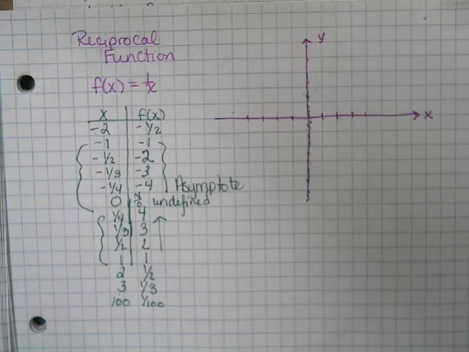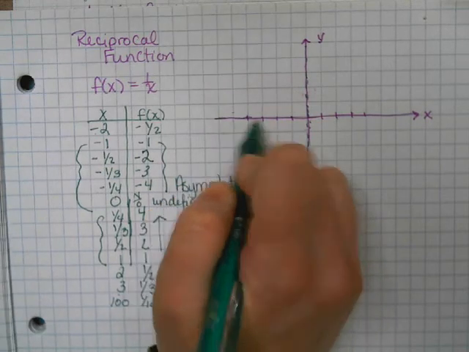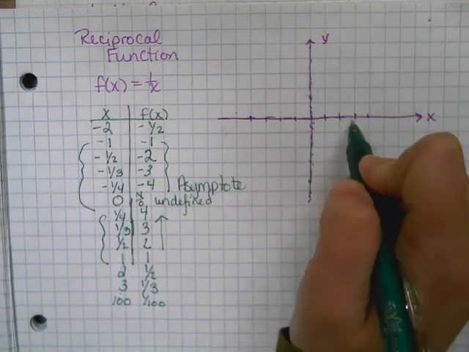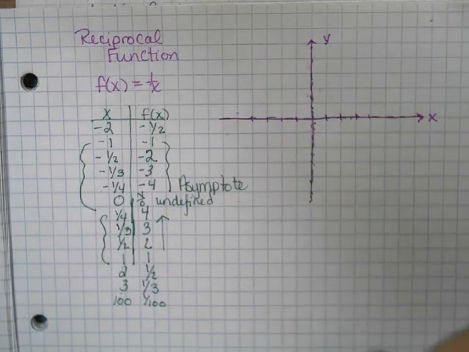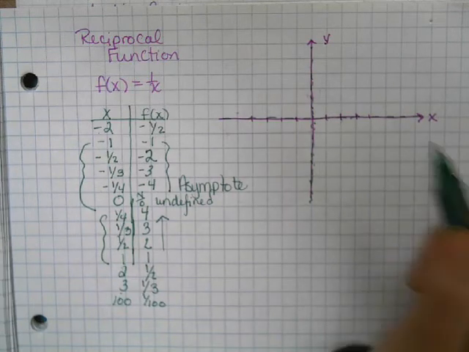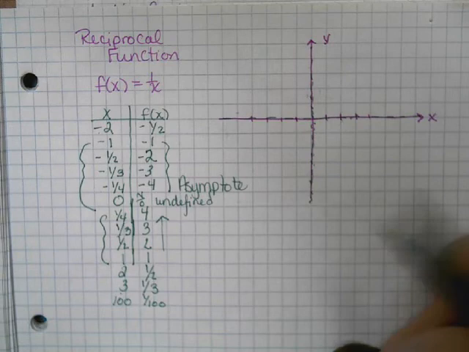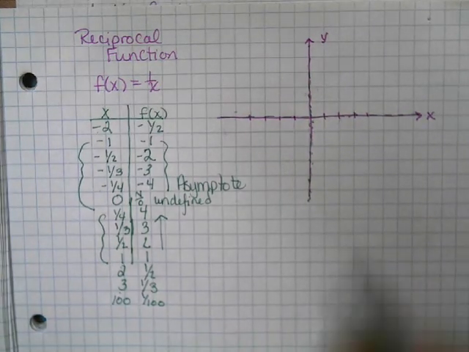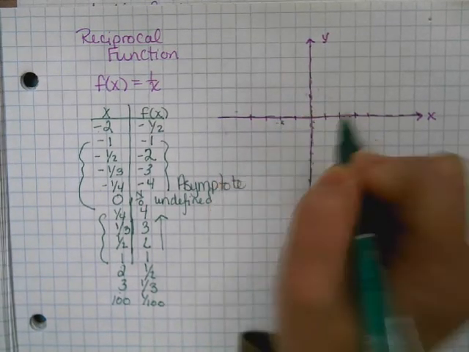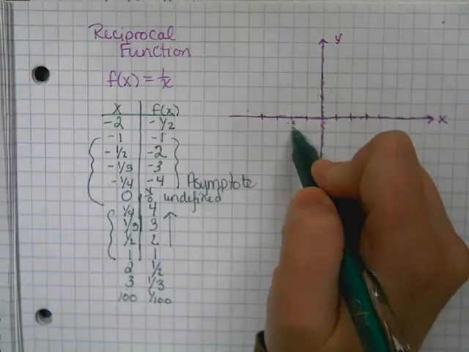That's tiny, but that's still a number. 1 over 1,000, 1 over 1,000,000. It's getting closer and closer to 0, but it's never going to be 0. So we're never going to get an output of 0 either. So there's an asymptote also at the x-axis, at the line y equals 0, or f of x equals 0.